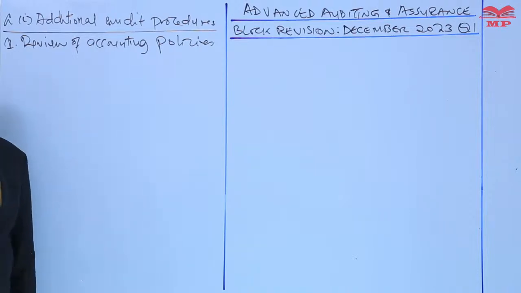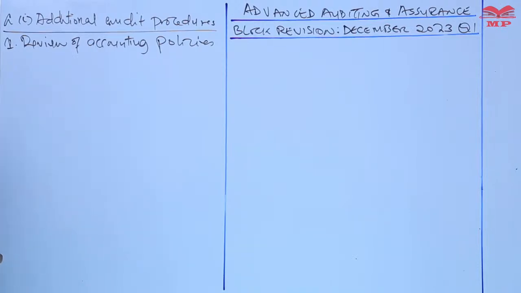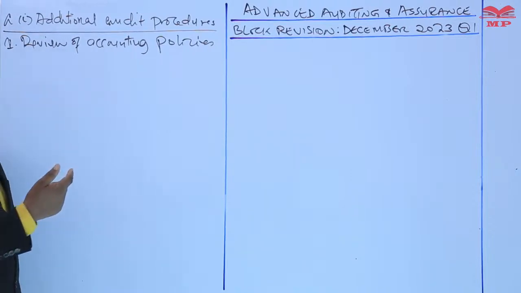Review of accounting policies, because candidates, every company must have accounting policies on different matters. For example, on the estimation of depreciation, a company must have accounting policies in relation to depreciation.